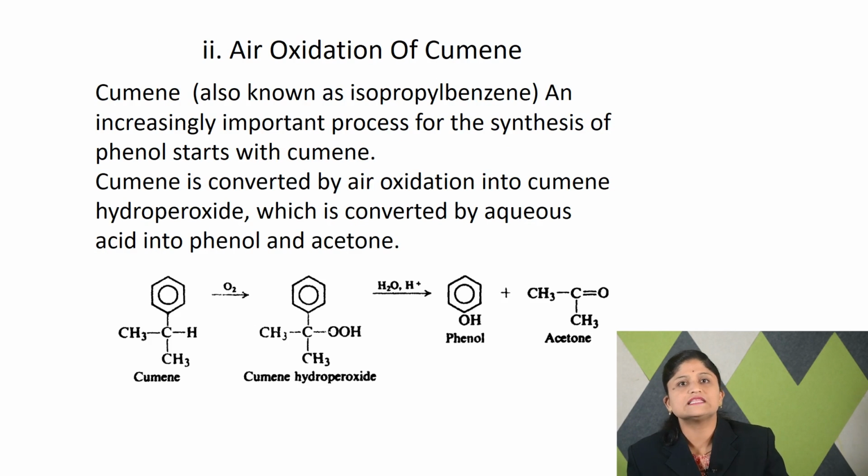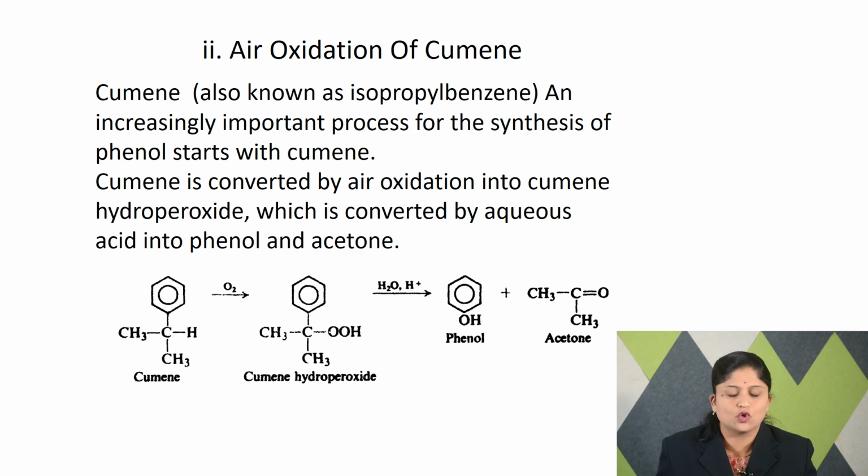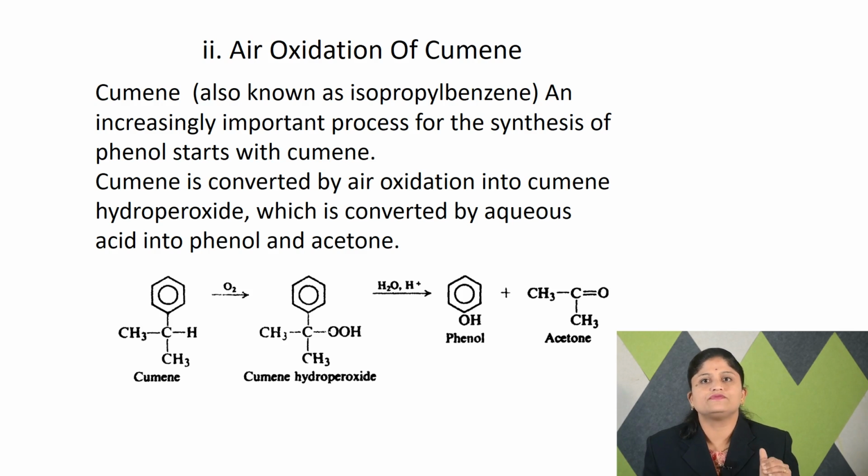The second method for the synthesis of phenol is air oxidation of cumene. Now, what is cumene? It is also known as isopropylbenzene, and this method has its own importance for the synthesis of phenol.